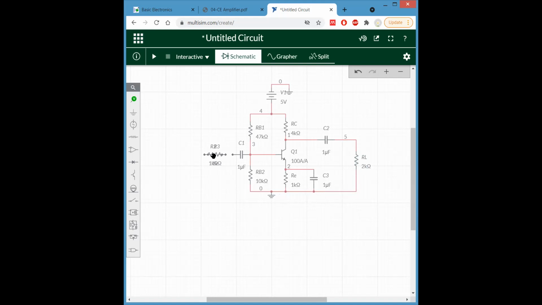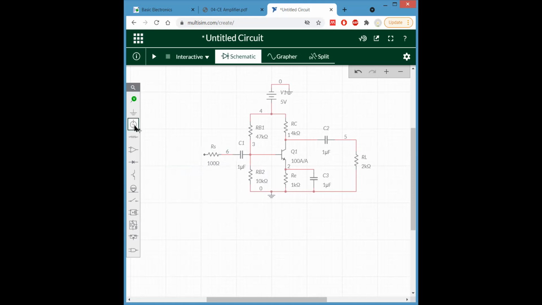This should be the RS, the source-side resistance value, which we can say is very small, so 100 ohms. It is connected to this capacitor.